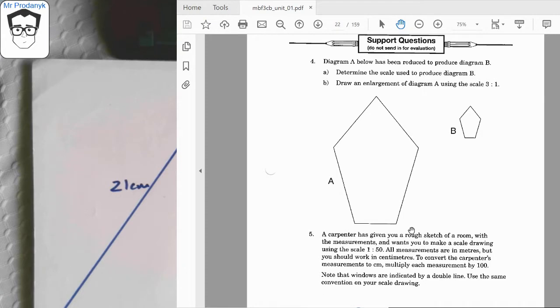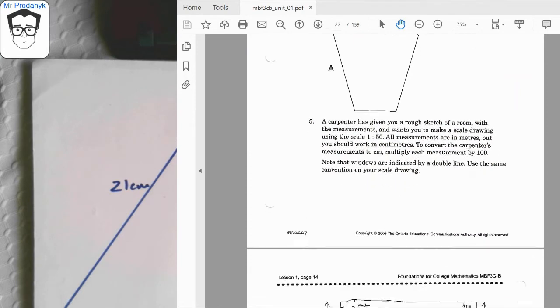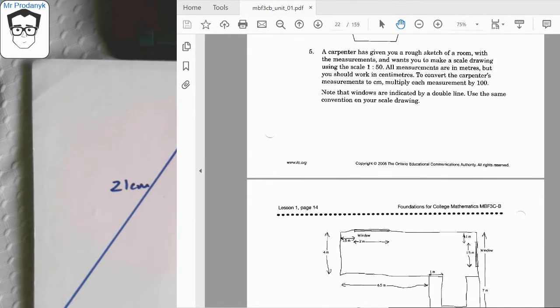Okay. If we continue along here, a carpenter has given you a rough sketch of a room with the measurements and wants you to make a scale drawing using the scale of 1 to 50. All measurements are in meters, but you should work in centimeters.